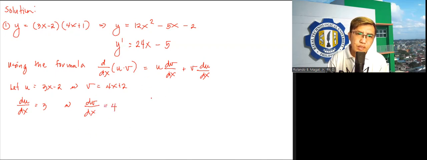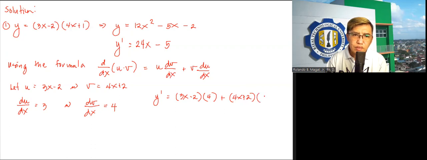So, using this formula, the derivative of y, rather, is: ang u natin ay 3x minus 2 times dv over dx is 4, okay, plus ang v natin ay 4x plus 2, ang ating du over dx is 3.